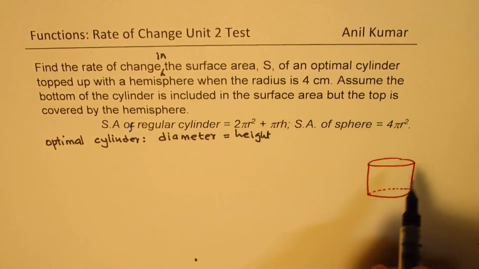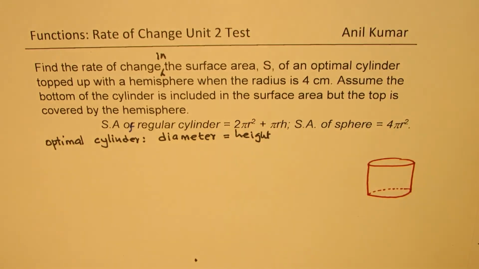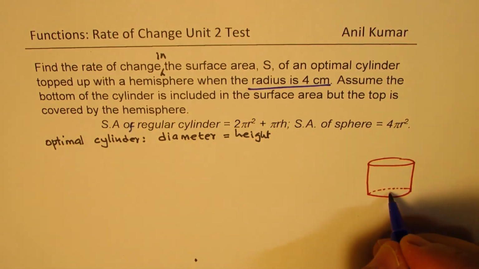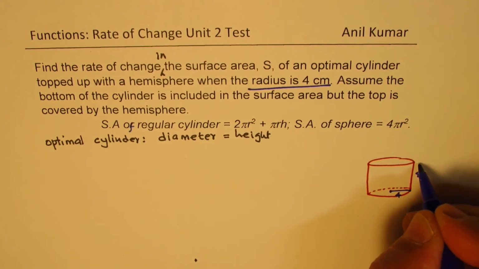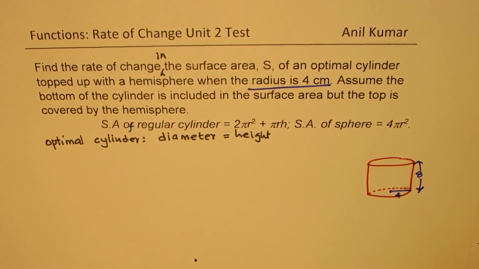In our case, the diameter is 8 units, right? Radius of 4 means diameter of 8. So that means height will be 8. Is that part clear to you? That is the very first thing which should be absolutely clear.